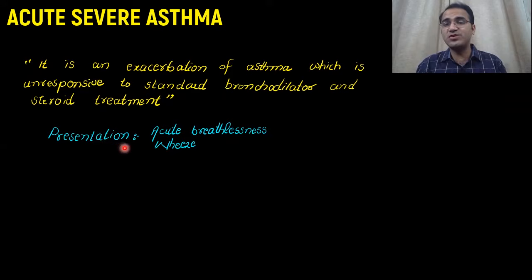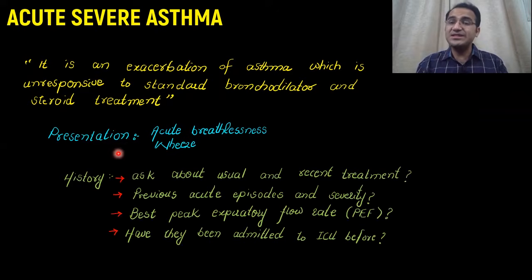Such patients will be breathless, the chest will be wheezy, and their respiratory rate will be high. In the history, the most important things you need to ask about are their usual and recent treatments for their asthma, the previous acute episodes and the severity of those episodes, and their best peak expiratory flow rate.